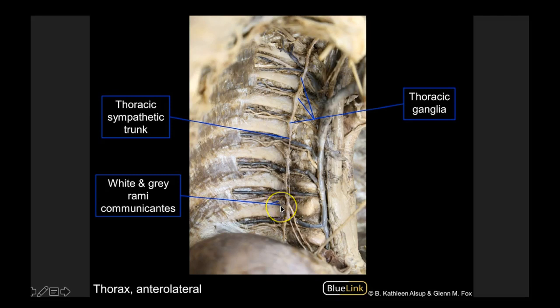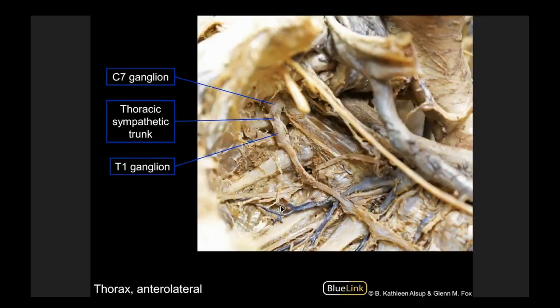In lab, you will not have to differentiate between the white and the gray, but you should know that the white rami communicantes will more commonly have the preganglionic neuron within it, whereas the gray rami communicantes will more commonly have the postganglionic neurons within them. And this is just another great view of the ganglia and the thoracic sympathetic trunk between them.